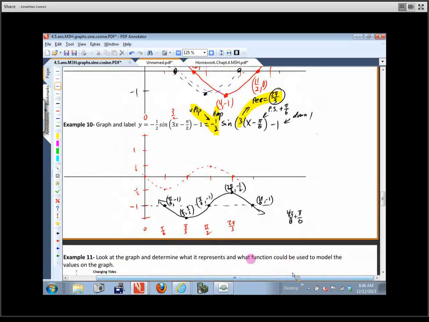Okay. I need you to watch for a second. If I were to graph the original sine function, the period for the original sine function is 2 pi. So if this is pi halves, about right here would be pi, about right here would be 3 pi halves. So the original sine function would look about like this.